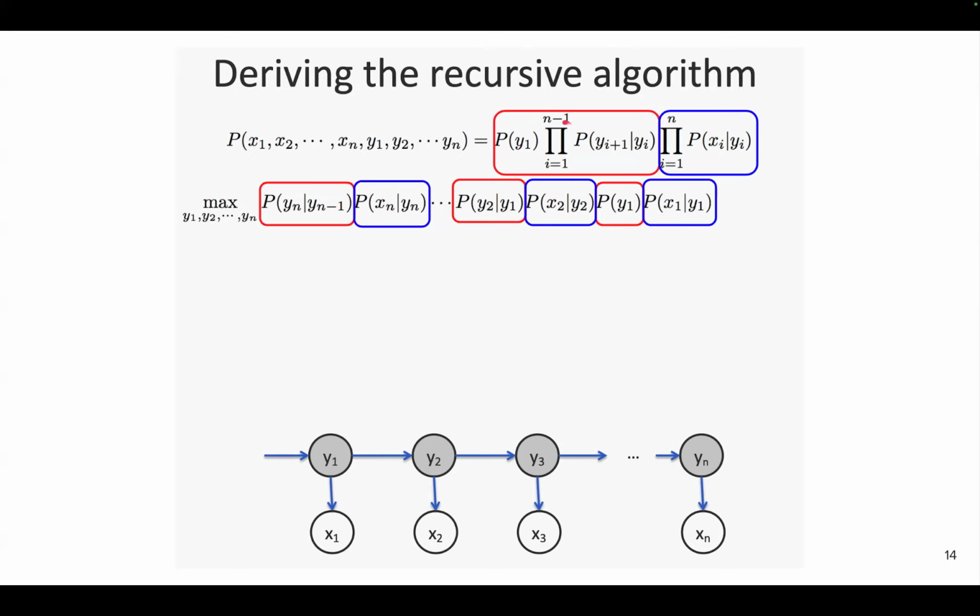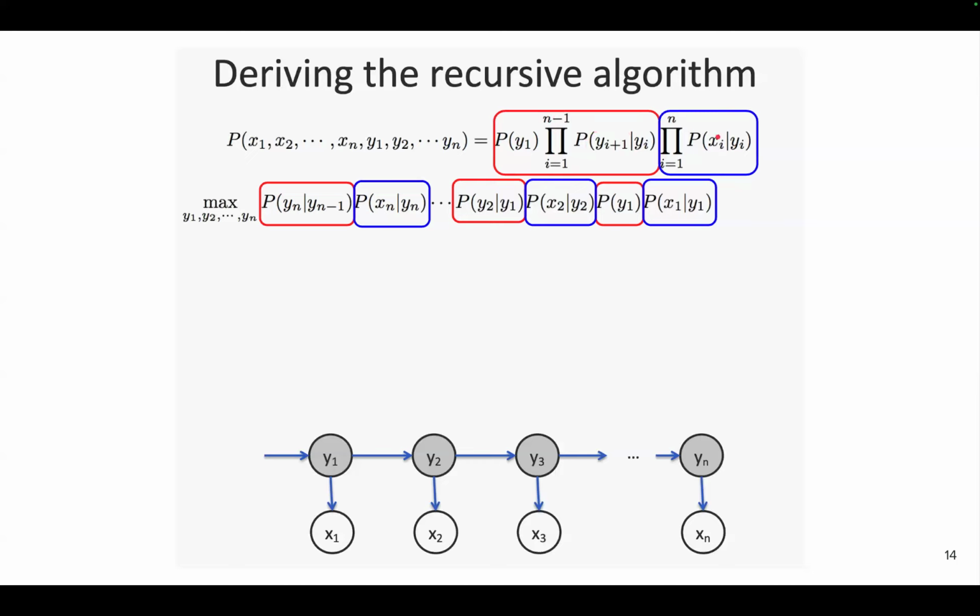So here in the red boxes, I have just highlighted. Imagine we have written this product out, and then just rearrange these two products. So here we have the probability of yn given the previous tag. This comes from putting i equals n minus 1 in here, and this is the probability we get.